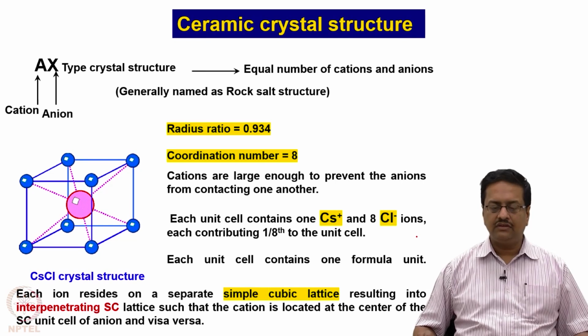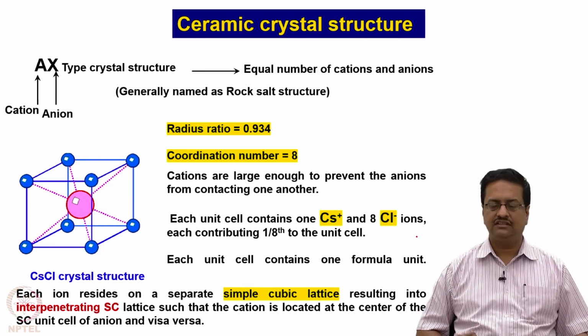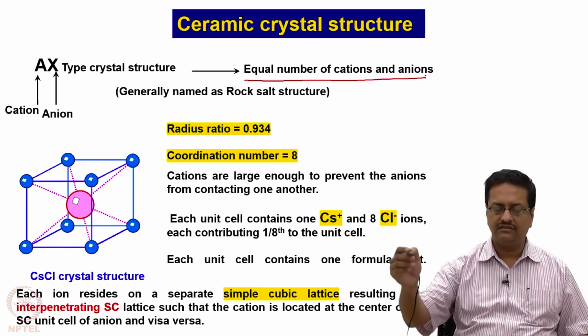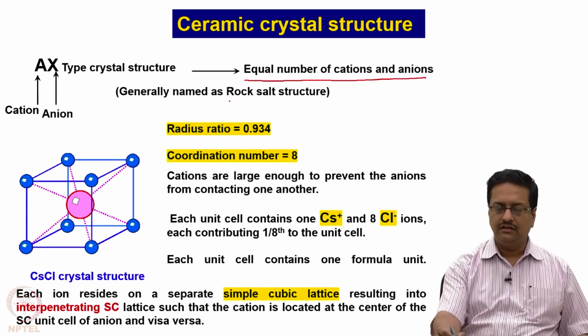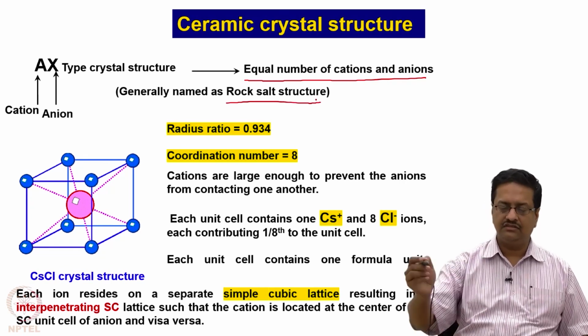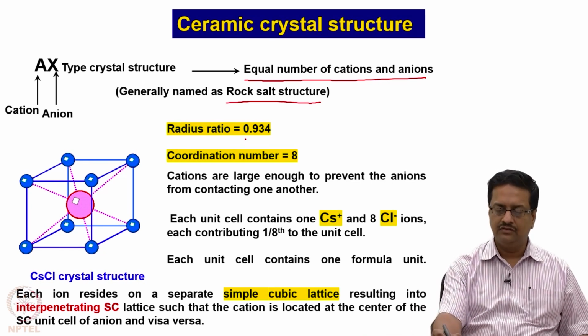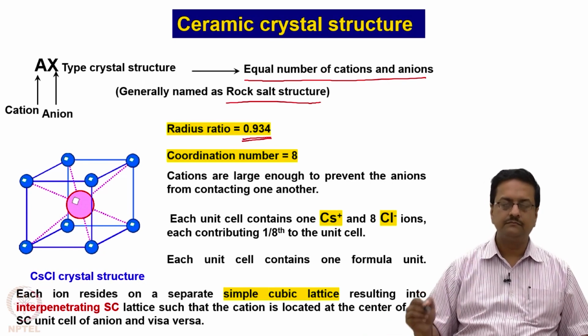The next type that we would like to discuss is the AX type of crystal structure, where again we have equal numbers of cations and anions, as in cesium chloride, when we have the radius ratio very close to 1.